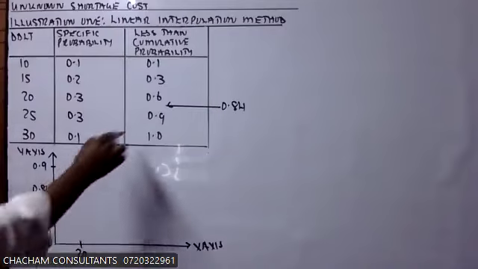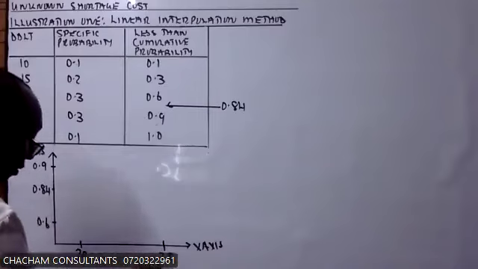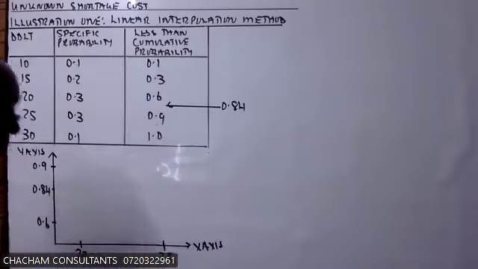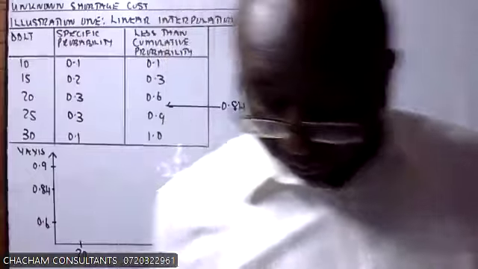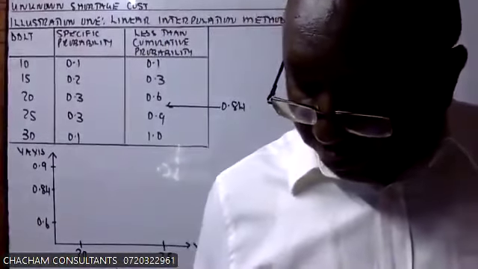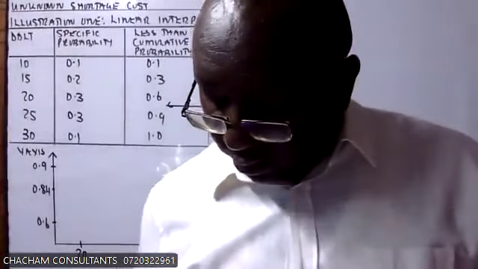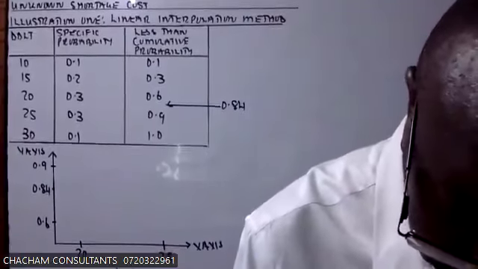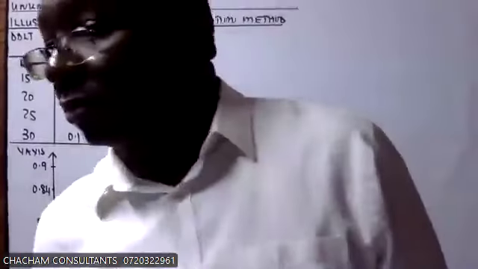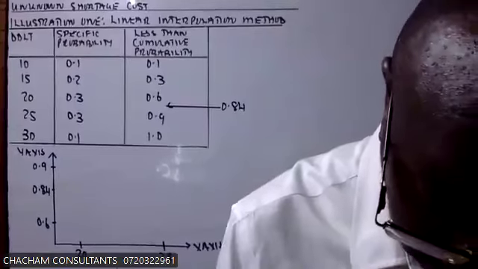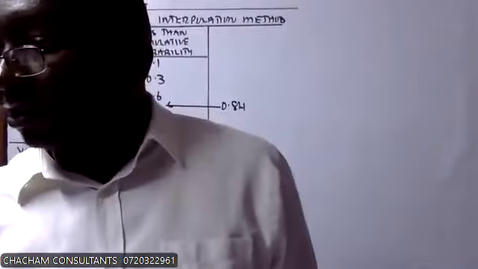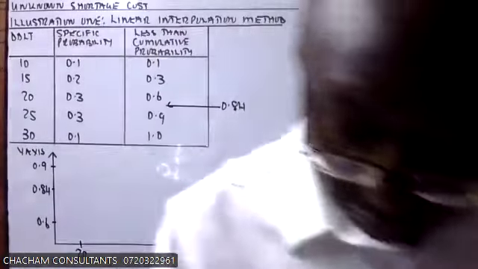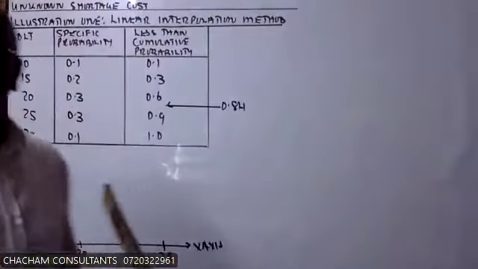And 90 is corresponding to 25. So these are units here. When you do that, you now seek to plot.